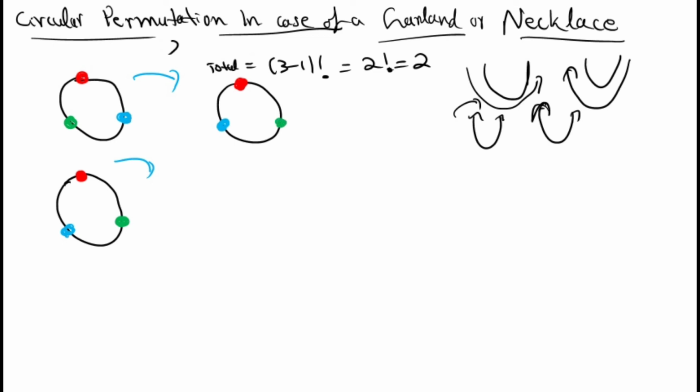Suppose you are flipping the second necklace by 180 degrees, then here your necklace will be there. The red bead remains in the same position. Then if you observe this one, the green bead comes here and your blue bead goes here. Okay, this is the arrangement when you flip the necklace.